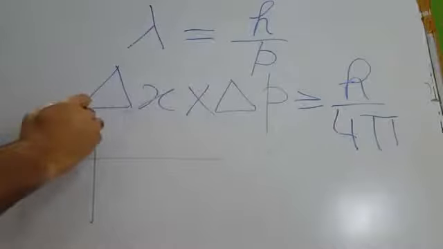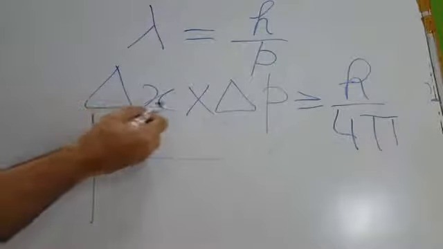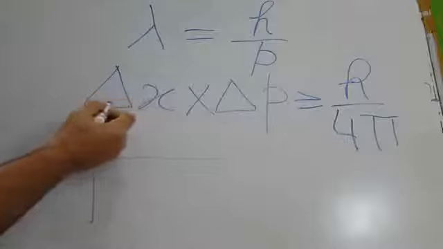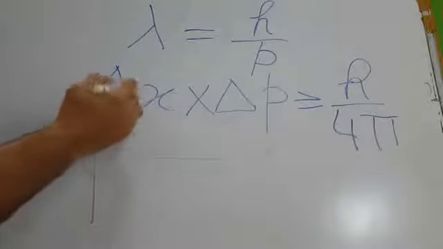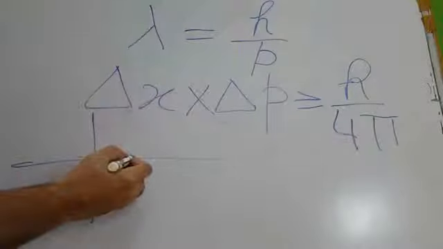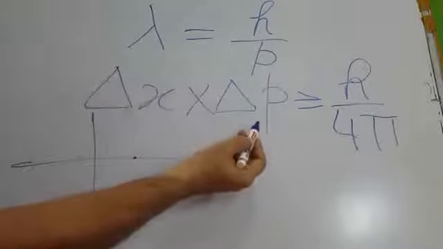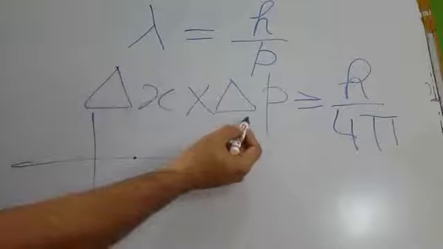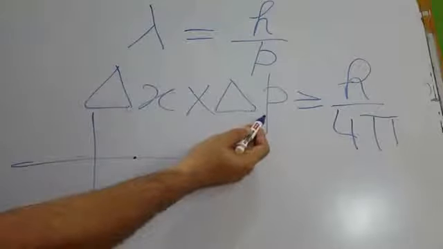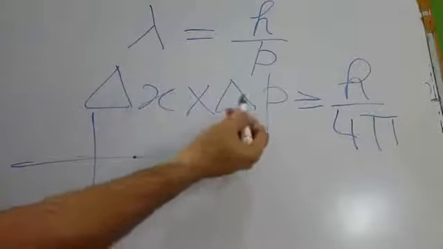Means as we try to minimize the uncertainty in measurement of the position of a particle, then there would be more uncertainty in measurement of momentum of that particle or the velocity of that particle.